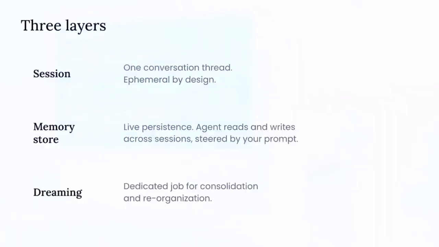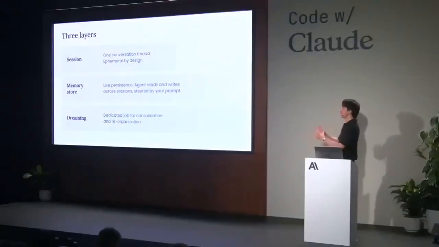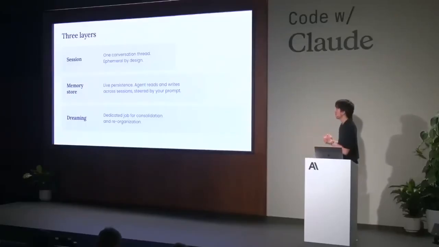And talk a little bit about how you can view sessions, memory stores, and Dreaming as 3 composable layers, right? If you think of a session as an isolated instance of an agent running, it's typically one conversation thread, typically ephemeral, right? A memory store augments that. So now you can connect information across multiple sessions, right?